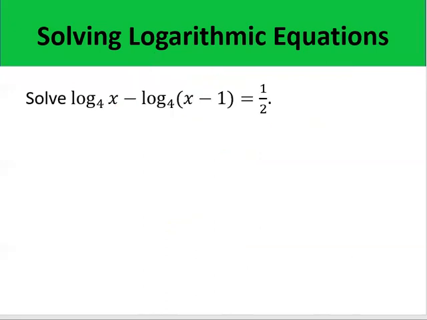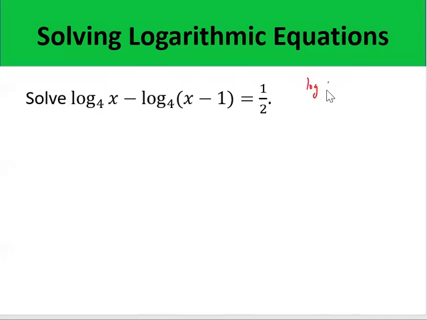Okay, next. Now this time we have the logarithm of x to the base 4 minus the logarithm of x minus 1 to the base 4 is equal to 1/2. So if you observe, the left side is a difference of two logarithms. We know that there's a logarithm rule that we can use to combine this difference of two logarithms as a single logarithm.